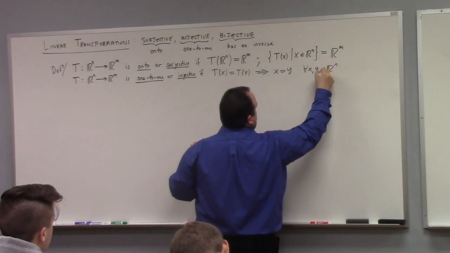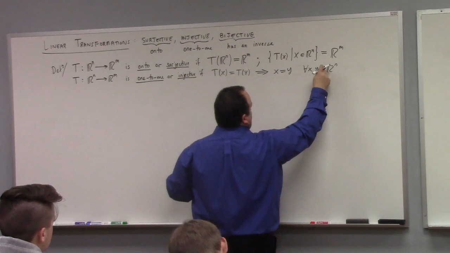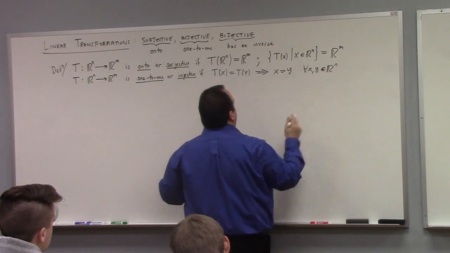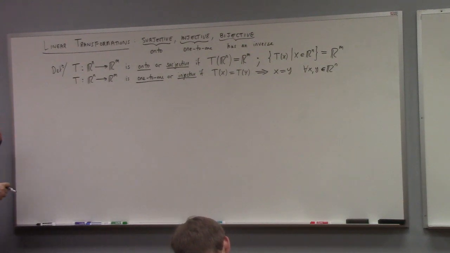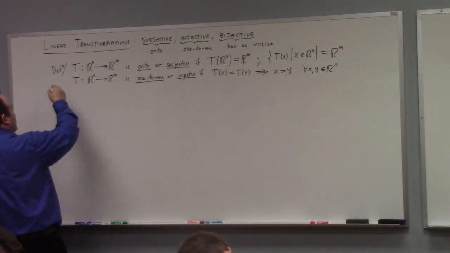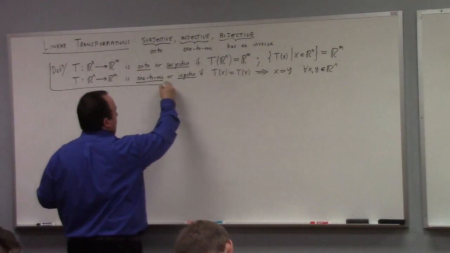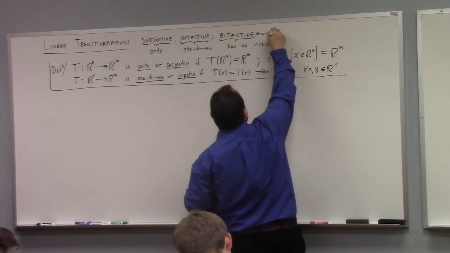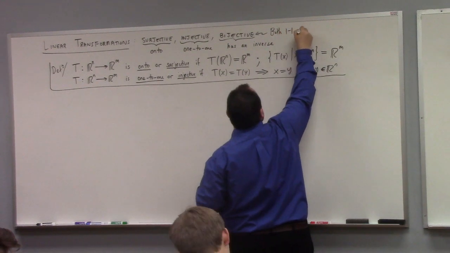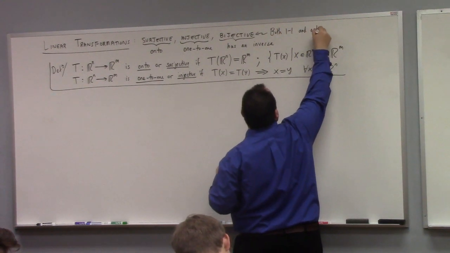So anytime you equate a pair of outputs, then the pair of inputs must in fact be the same. So this is onto, this is 1-to-1. Bijective means both 1-to-1 and onto.